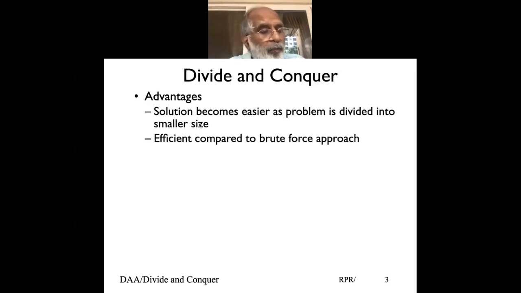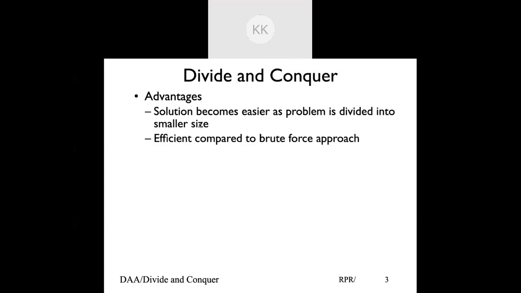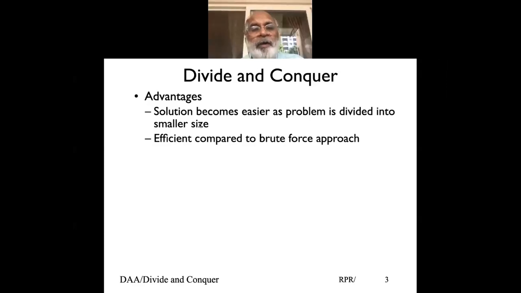Further, when you do divide and conquer, because we are dealing with a small problem, it becomes more efficient rather than solving the whole thing together. Rather than a brute force approach of solving the whole thing together, we solve a smaller problem, which is efficient. That's another benefit.